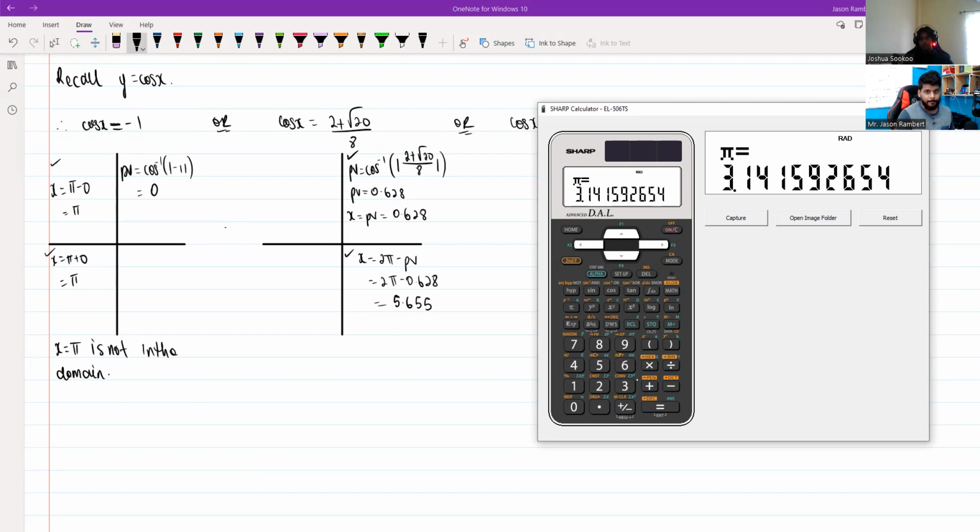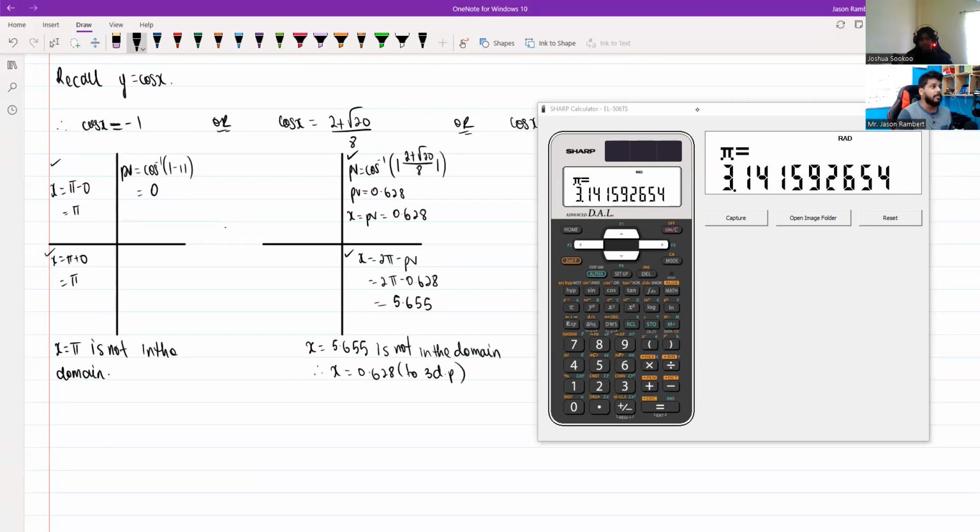Yep, this is more than 3.14. So when x is equal to 5.655, this is not in the domain. So for this piece of the solution, x is equal to 0.628, to 3 decimal places.